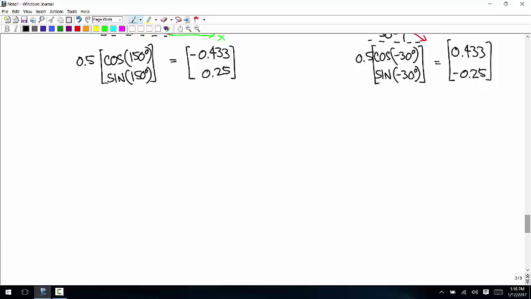The next thing that we're going to have to do all the time is calculate unit vectors in a known direction, in a given direction.